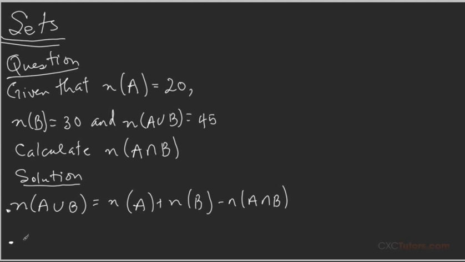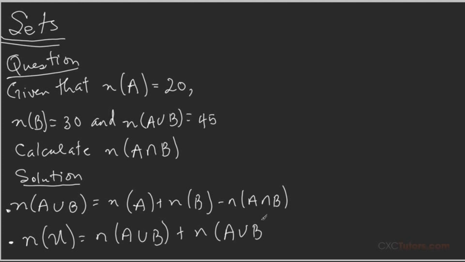The other one says that the number of elements in the universal set is equal to the number of elements in A union B plus the number of elements in the complement of A union B. So there are times when, if the universal set and the union are given, we can also find what is in the complement of the union of A and B. So these are two important formulae that we have to know and know when to apply.